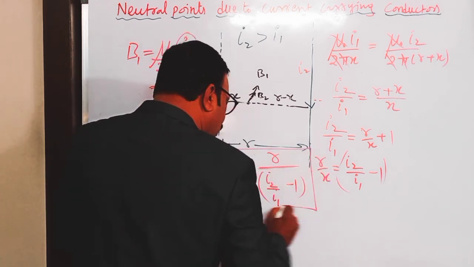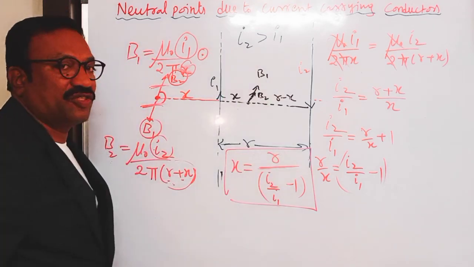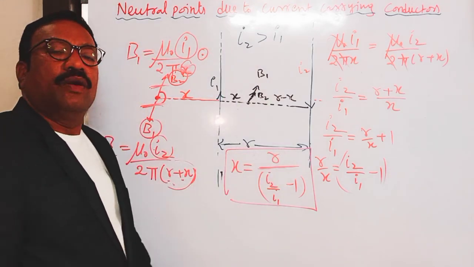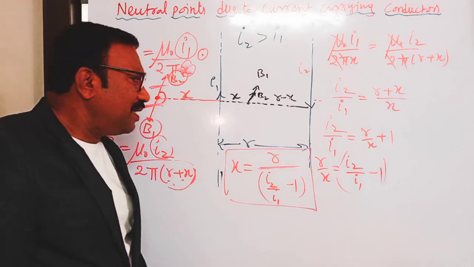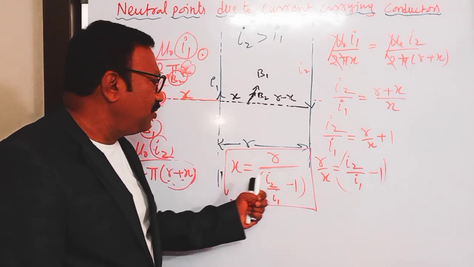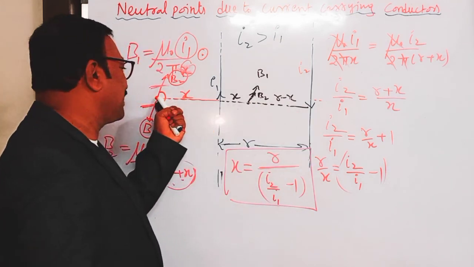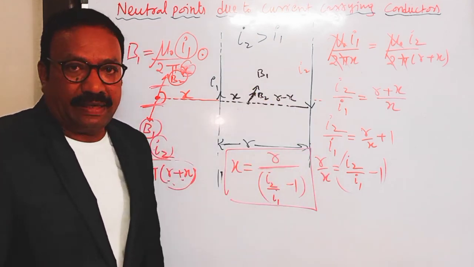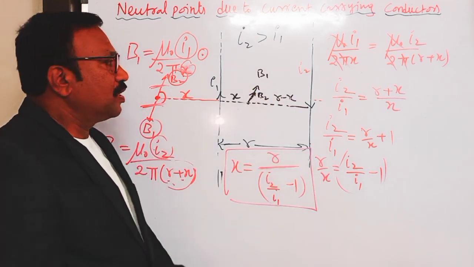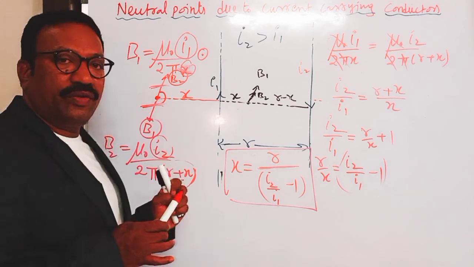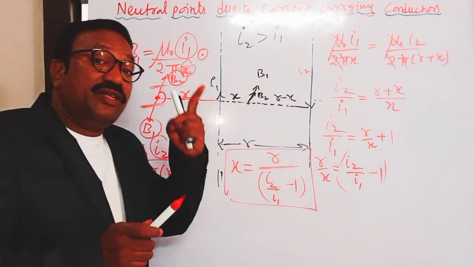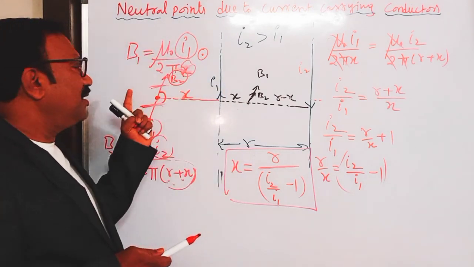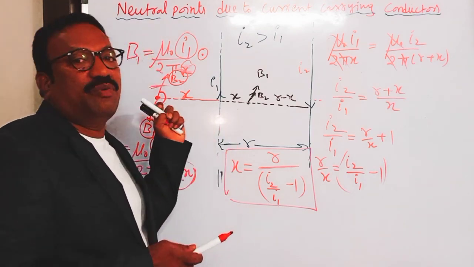This is the distance of the neutral point from the first conductor. What is the distance of the neutral point from the second conductor? x you have already determined, so add this R. So R plus x is the distance of the neutral point from the second conductor. So this is how we will get a neutral point. In this case, there is only one neutral point, on the left side, that is nearer to the smaller current.